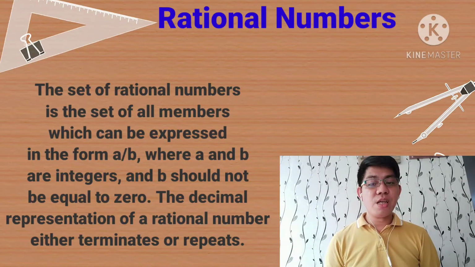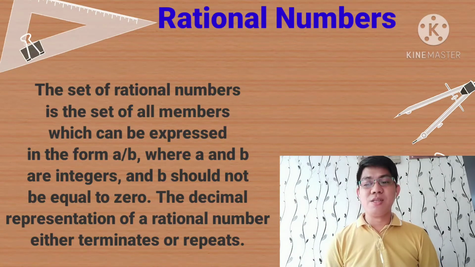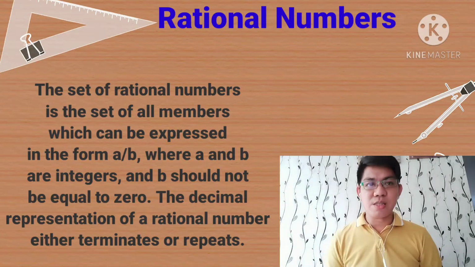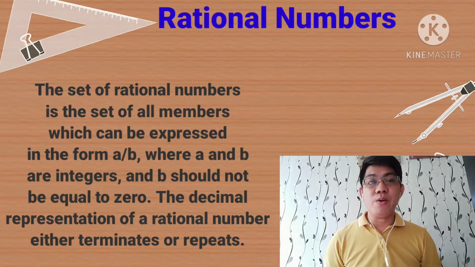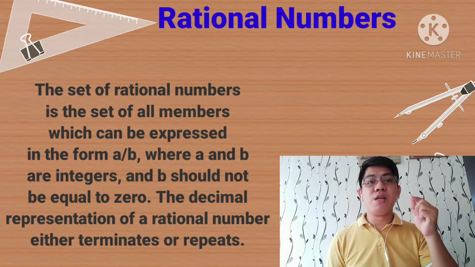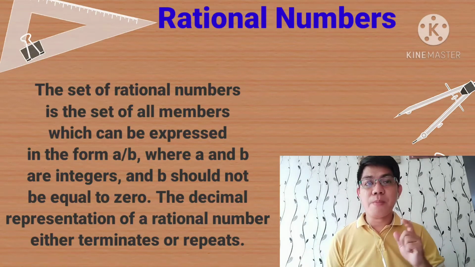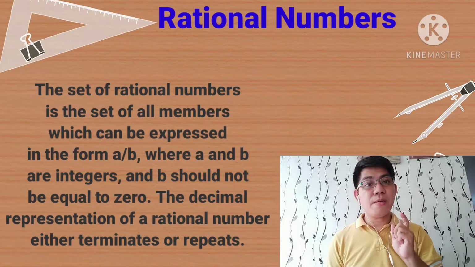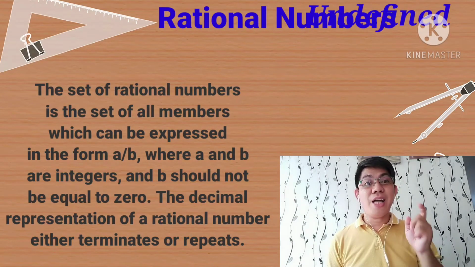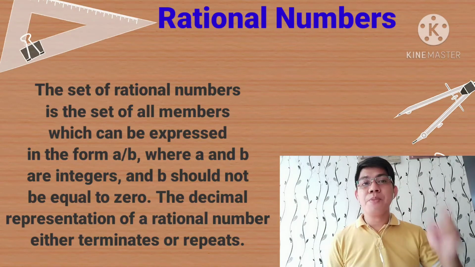The decimal representation of a rational number is either terminating or repeating. A over B, where A is the numerator and B is the denominator. Kapag si B ay nag-equal to 0, that is what we call undefined.